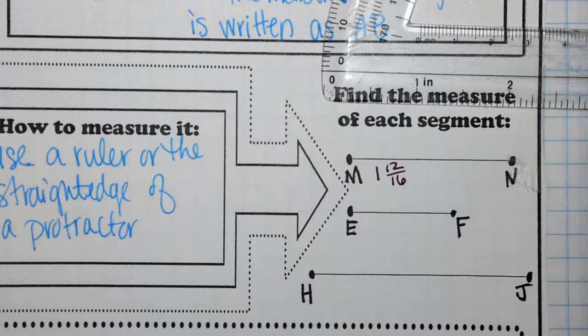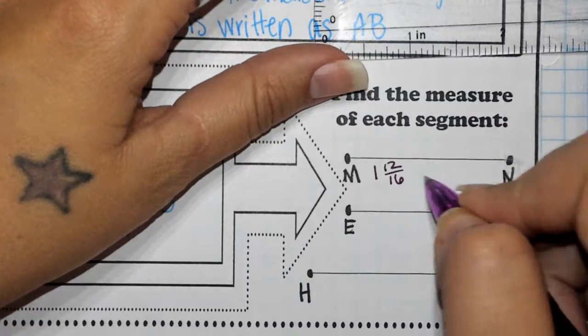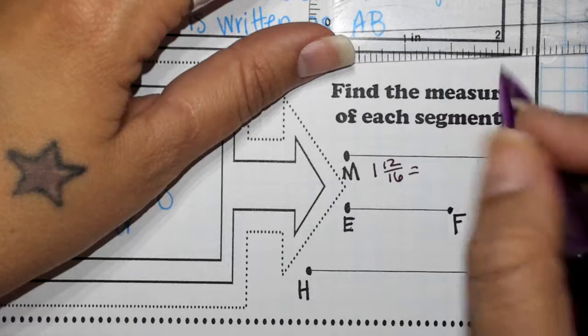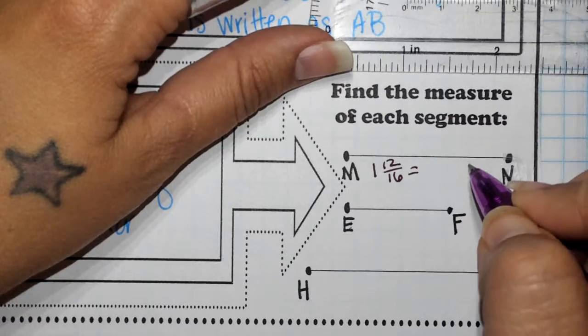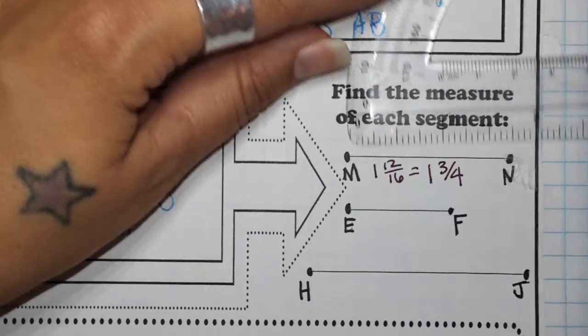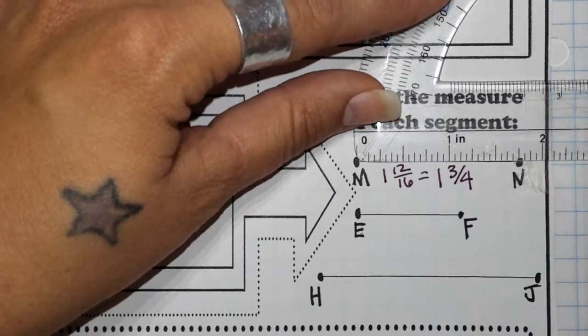Bigger. 12, 4. So what's 12 divided by 4? What's 12 divided by 4? I got 1 3/4 for MN.